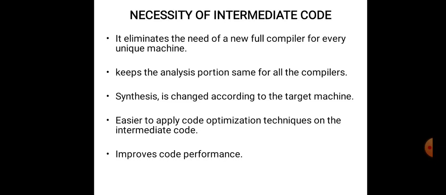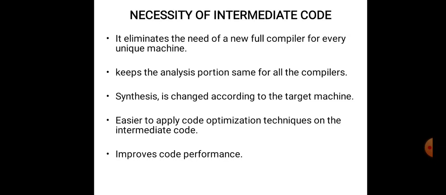And at last, because of these code optimization techniques, it improves the overall code performance. So because of these advantages, we need to generate an intermediate code first and then translate it into target machine code. I hope you got the answer for intermediate code generation.